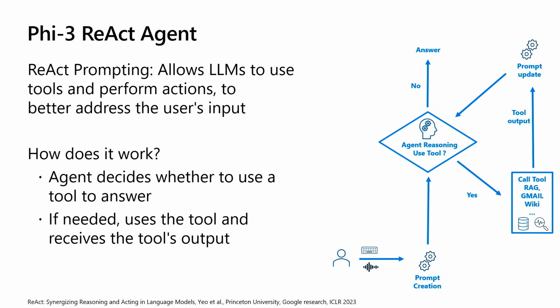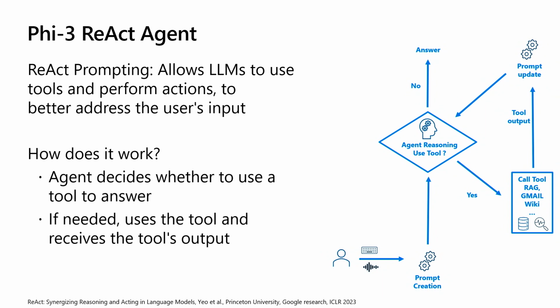It allows the LLM, as you can see in the diagram, to incorporate tools such as retrieval augmented generation, Gmail, Wikipedia, Bing search, and more. Please note that some of the tools can access your own private data on device, and some of the tools can access the internet. Okay, let's have a look at the diagram again.